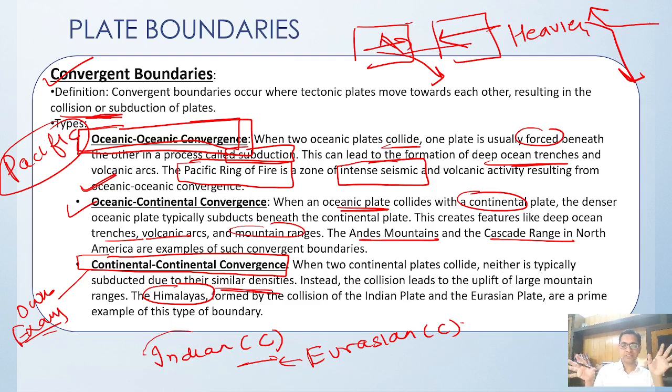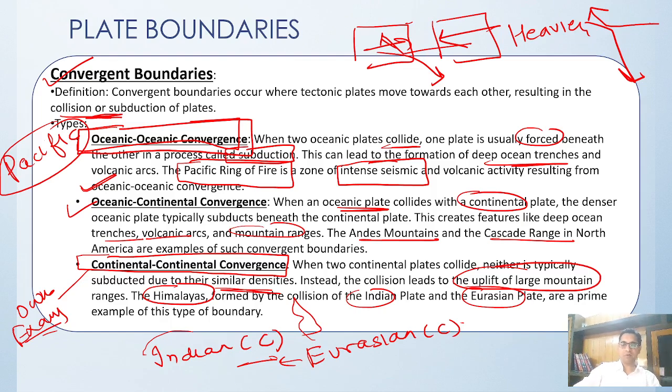Nobody gets subducted. The collision leads to the uplift of large mountains. Whatever material was there gets uplifted into mountains. The Himalayas are formed because of the continental convergence of the Indian plate and the Eurasian plate.